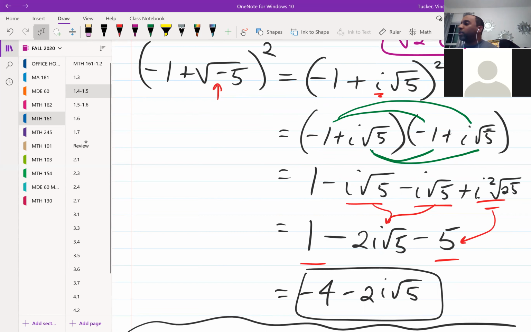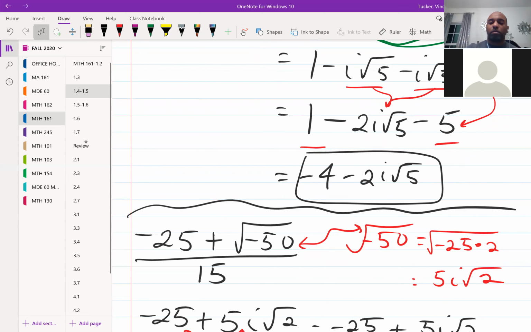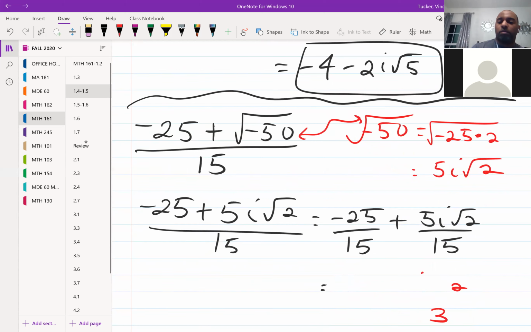All right, any questions before we look at the last one for today? All right, so we have negative 25 plus square root of negative 50 over 15.